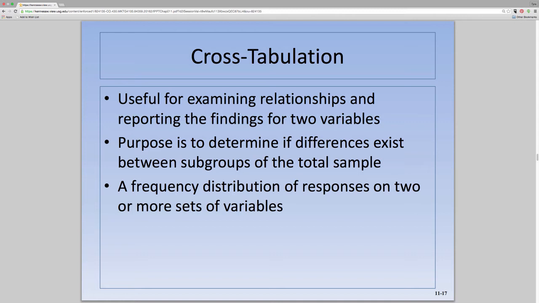The purpose of cross-tabulation is to determine if differences exist between subgroups of our total sample. So it's useful in examining relationships and reporting findings for 2 variables. And we're really looking to see if differences exist, and we're using a frequency distribution of responses on 2 or more sets of variables.